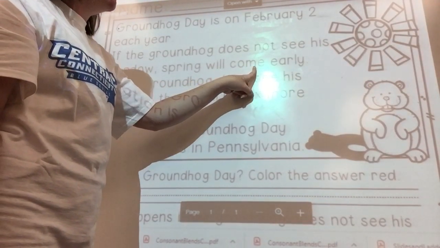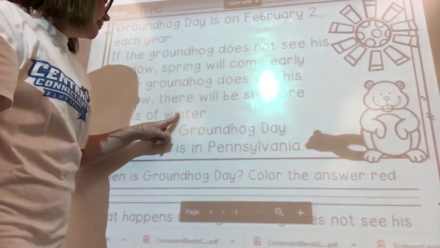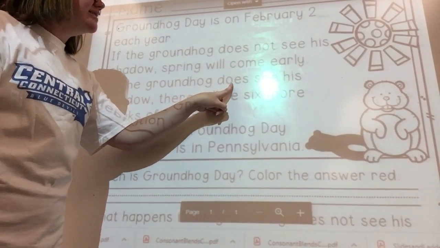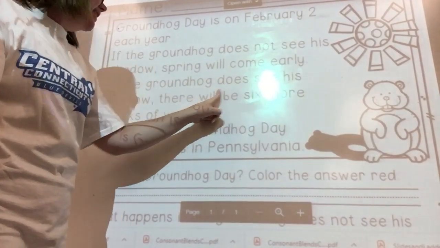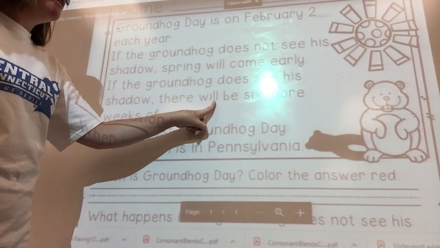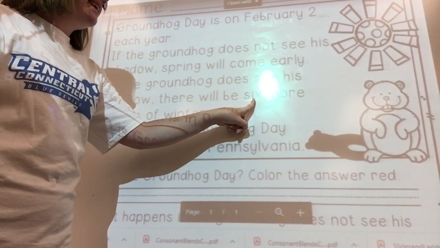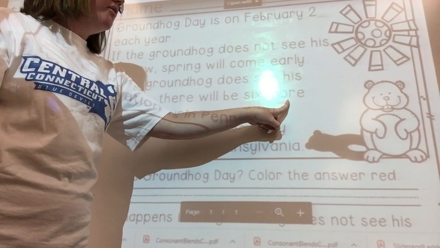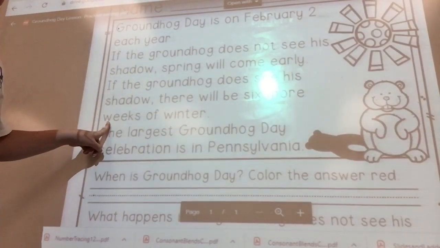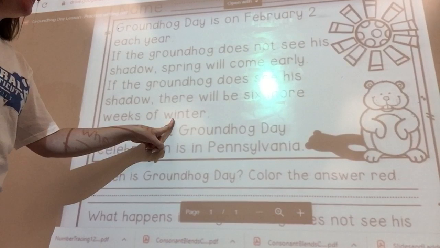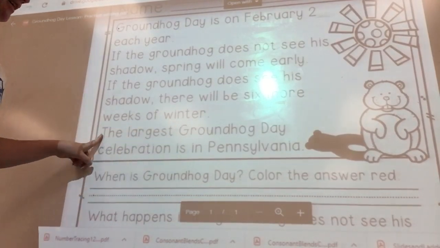will come early. If the groundhog does see his shadow, there will be six or more weeks of winter.